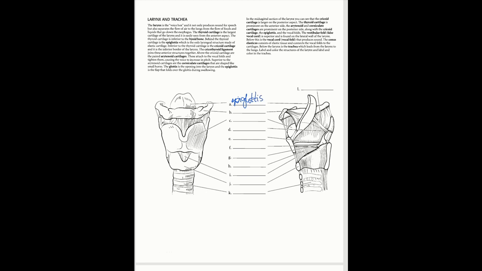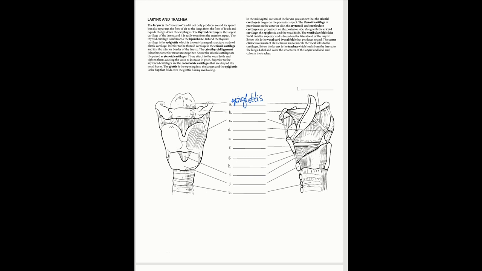The epiglottis serves a very important function. It's essentially going to block the trachea as you swallow anything into the esophagus.